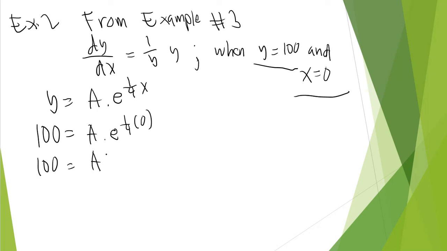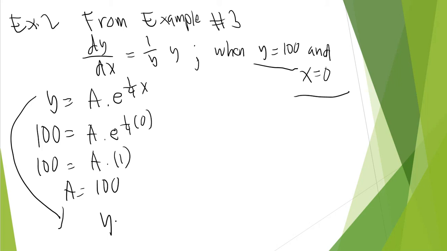And then e^(1/4 · 0) is e^0, right? So e^0 is 1. Therefore, the value of a is 100. Therefore, the particular solution for this problem is, we just copy it: y = what is our a? 100, right? Times e^(1/4 x).